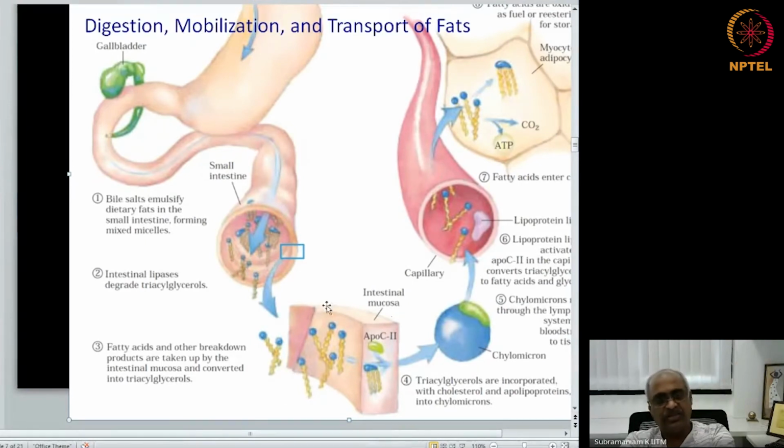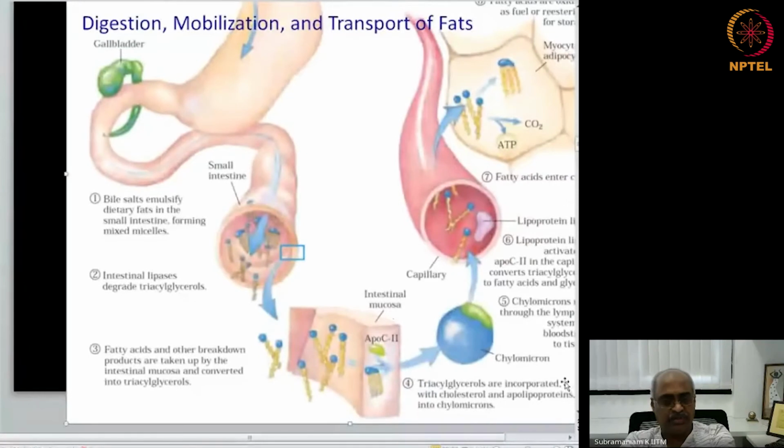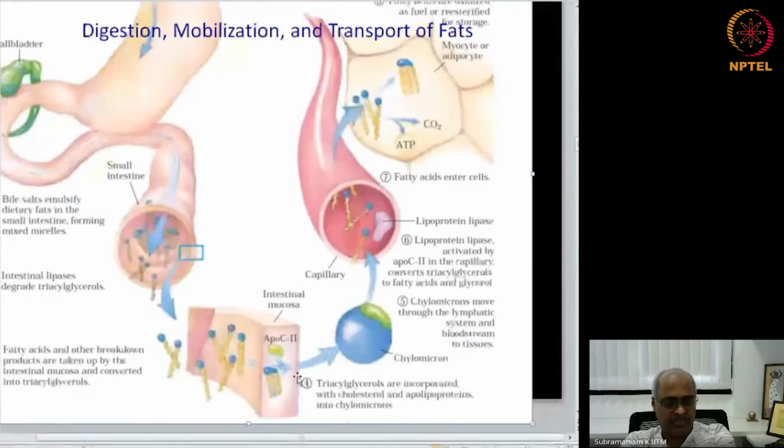This is the surface of the intestinal mucosa, and there they are again converted back to triacylglycerol. And these triacylglycerols combine with a set of proteins called apolipoproteins, here shown ApoC2. So this is one of the lipoproteins.